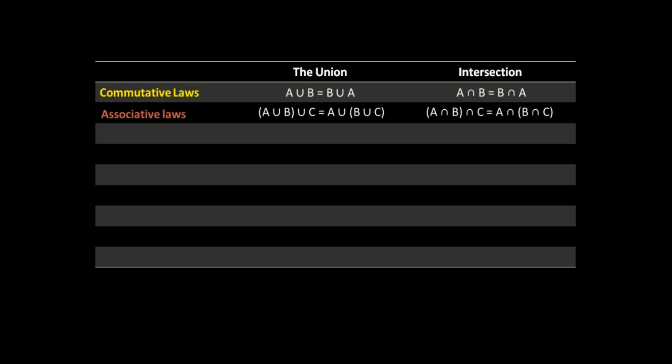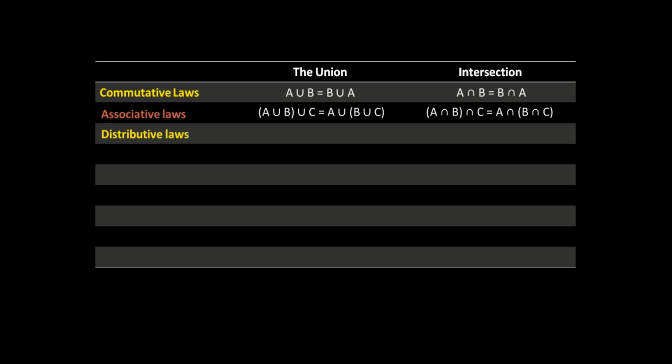Now here under the intersection column, we have the intersection of A and B and C, which is equivalent to the intersection of A and the intersection of B and C. Also, the order in how our sets are intersected does not matter. The result should be equivalent.